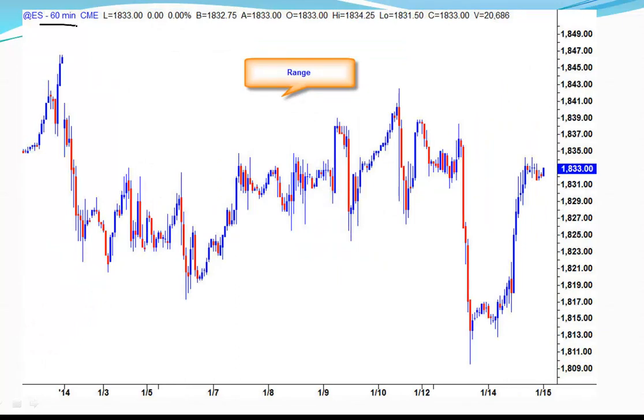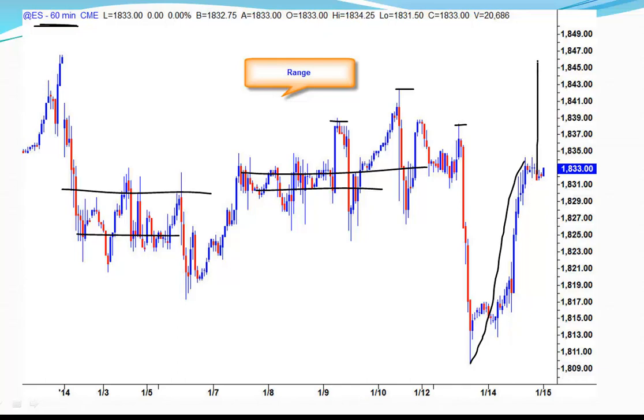This is an hourly chart of the S&P E-mini futures, and you can just see how the market acts in these tests. See these little tests? Okay, and that was actually that picture that I was just showing you, where it becomes erratic. It snaps out and then snaps back to the highs, and that's the type of market that you want to be aware of.